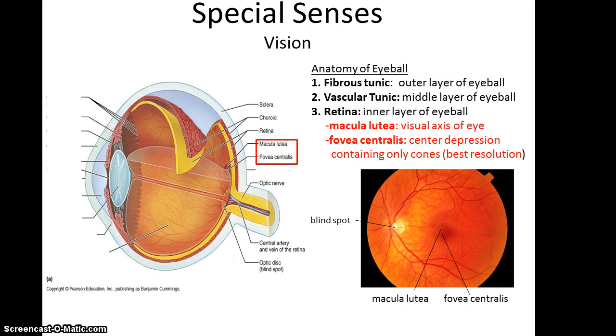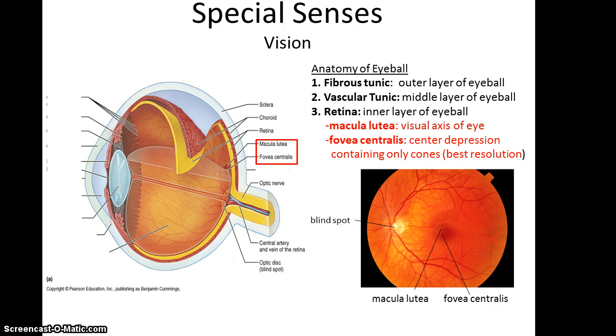Alright, a couple of other interesting features on the retina is the macula lutea, which is the visual axis of the eye. So when light comes in through the pupil, directly opposite of it would be the macula lutea, where you get the absolute best reception and resolution of visual signals.